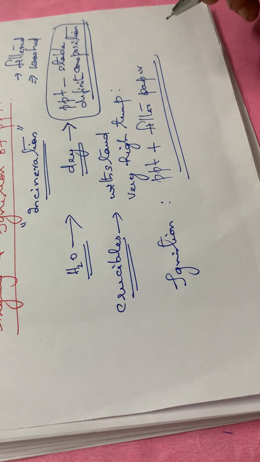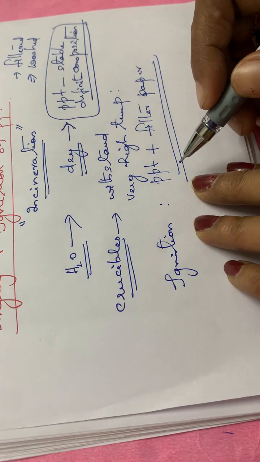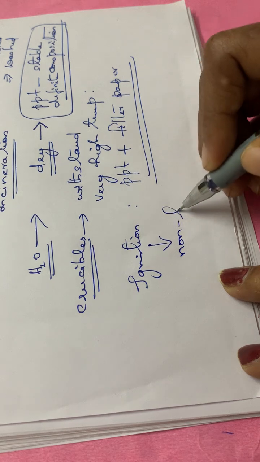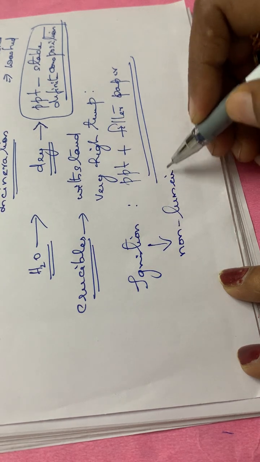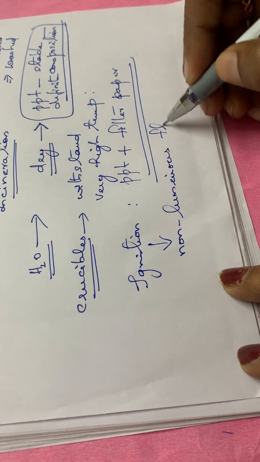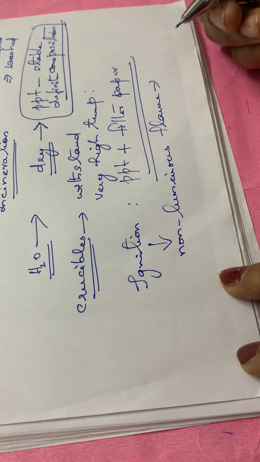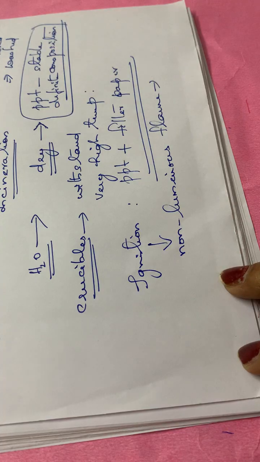And for drying, sometimes we might be using an oven. And after the drying, we will be igniting the precipitate in a non-luminous flame. Non-luminous flame means that we are using a Bunsen burner. So we are igniting the precipitate in a crucible.